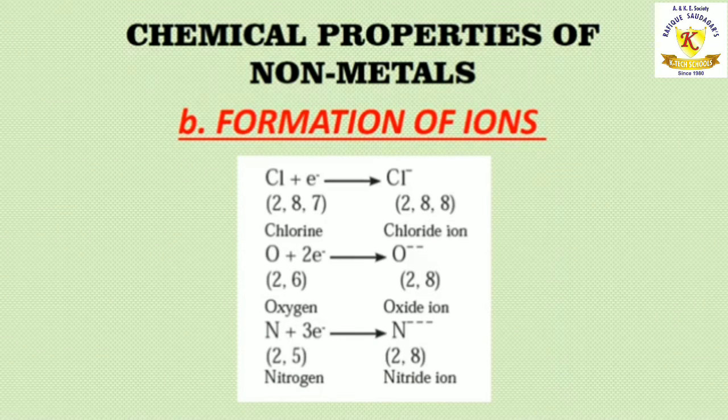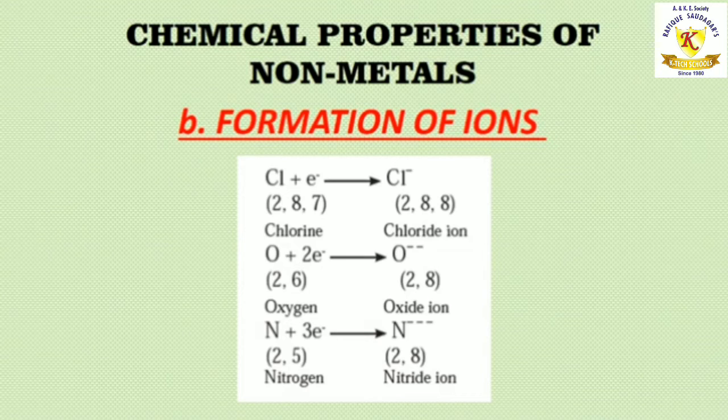The next example is oxygen. Electronic configuration is 2, 6. It needs 2 electrons to complete its octet. So it will accept 2 electrons and form oxide ion 2, 8.